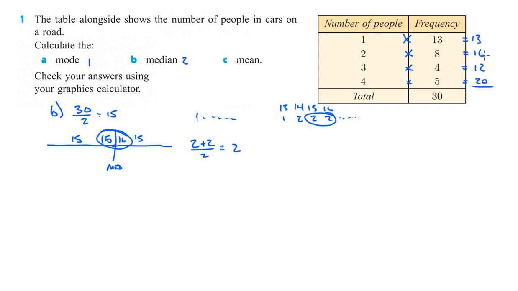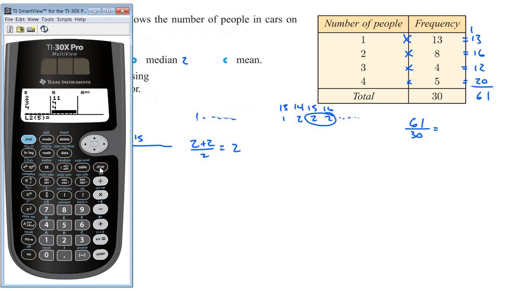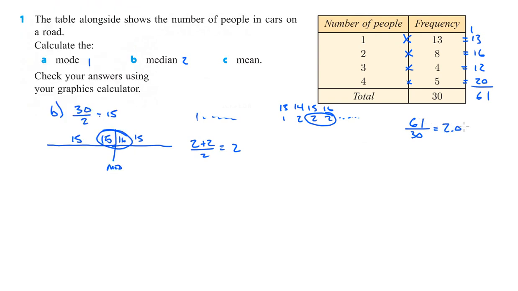Add those all up, and we get 13, 29, 41, 61. So if we take 61 and divide it by 30, we get 2.03. Okay, means our mean is 2.03.